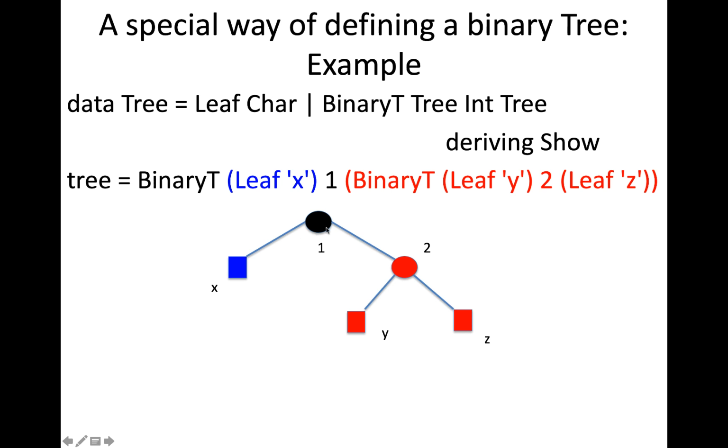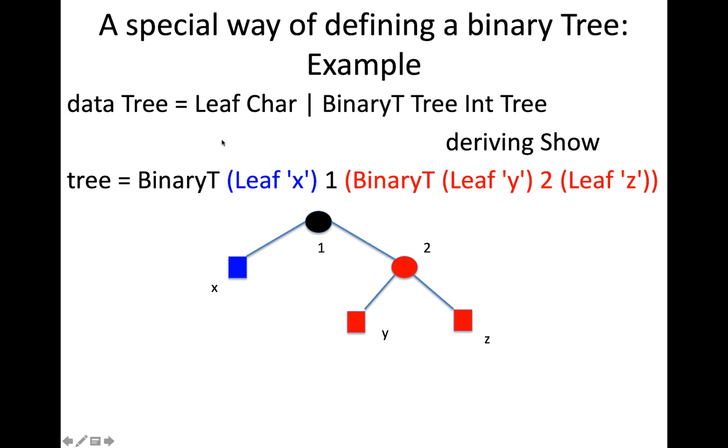Now to define such a type of tree, we can write leaf is char, and then the other option of the tree will look like this: in the middle there will be an integer, and then on the left there will be a tree, on the right there will be another tree, and we are differentiating this option as binary t as opposed to leaf option, right?